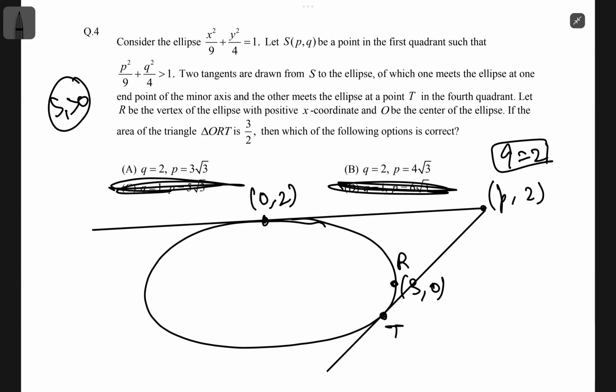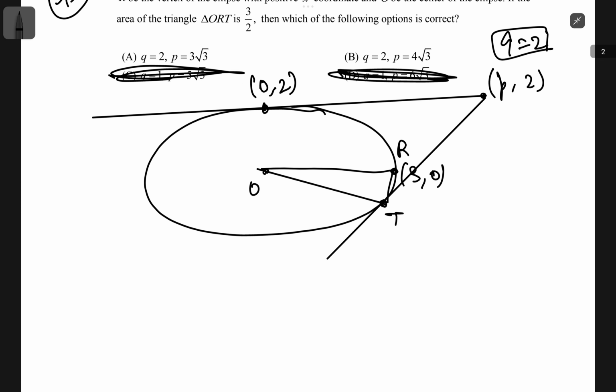So this is R. O is the center of the ellipse, which is also the origin, and we have been given that the area of the triangle ORT is 3 by 2. So why not just take 0 0, 3 0, and let's take this point as 3 cos theta comma 2 sin theta. That would be the best way to solve this.